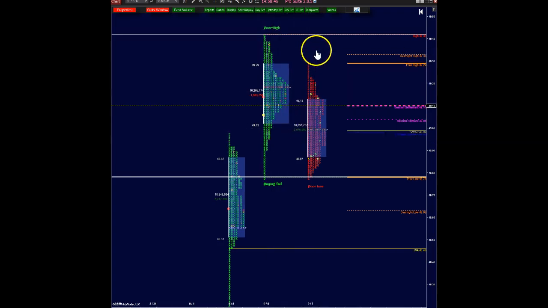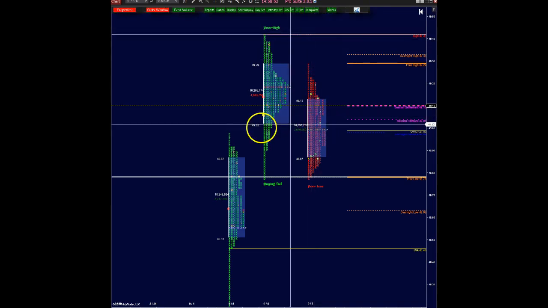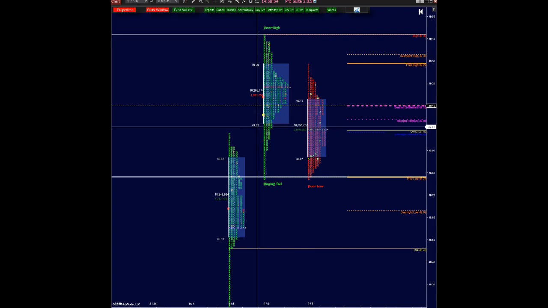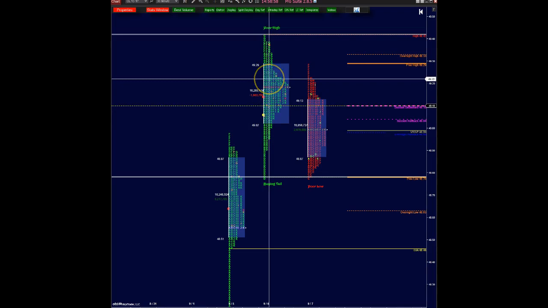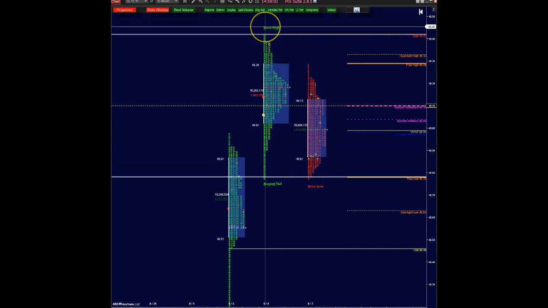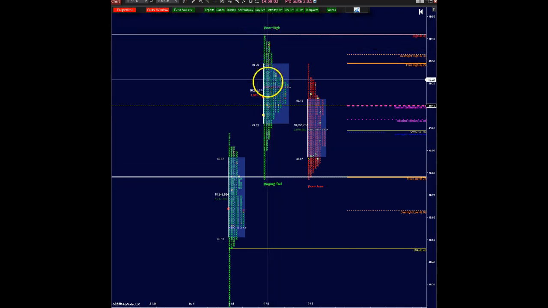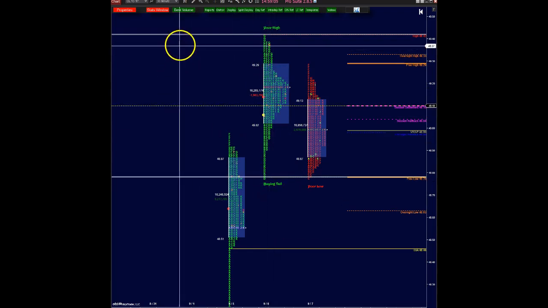So as I usually do, I'm going to add here before having the overnight. I just want to mention that yesterday in my blog, I mentioned that the first two levels to watch for the day would be yesterday's high and yesterday's low.